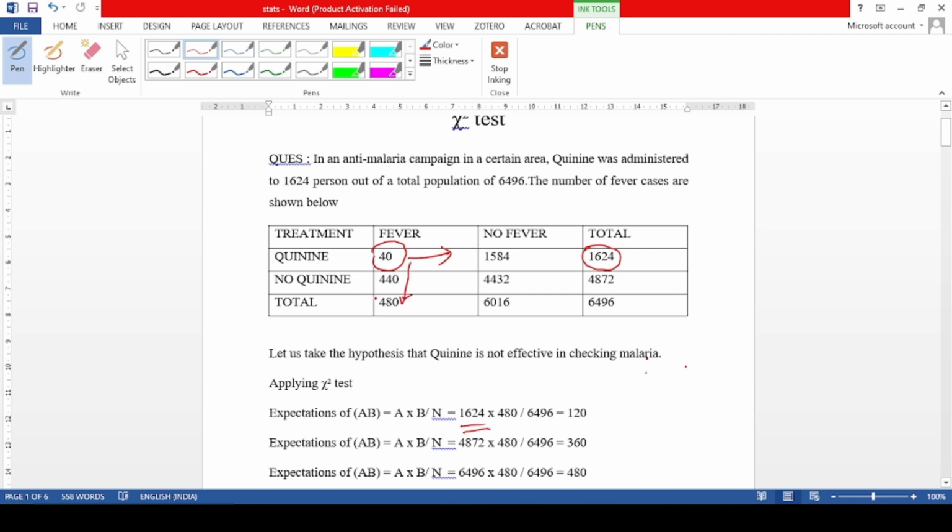What is the column total? 480. Now see the whole total. The final total is 6,496. This is also mentioned in the question. So we see the row total first, then we see the column total, and finally we see the whole total of the data. This is the first value. 120 is the first value.